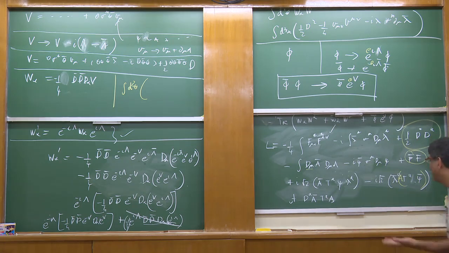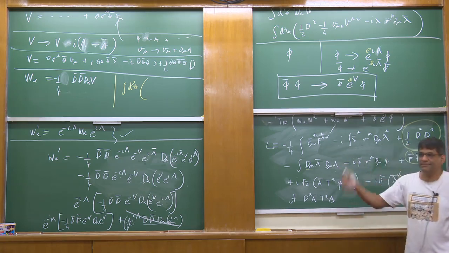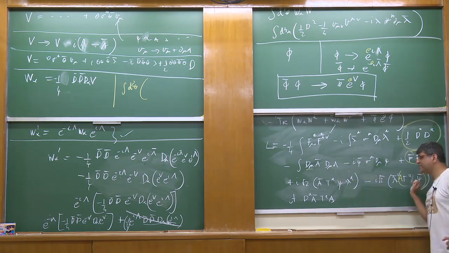Lambda^A transforms under rotations like an adjoint index, so the dot product is gauge invariant. Similarly here. So this is the structure of the Yukawa terms.